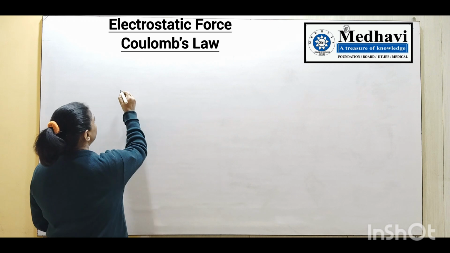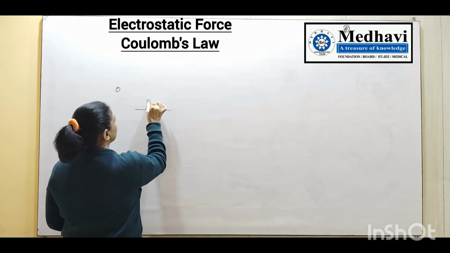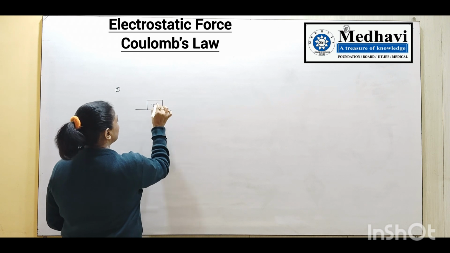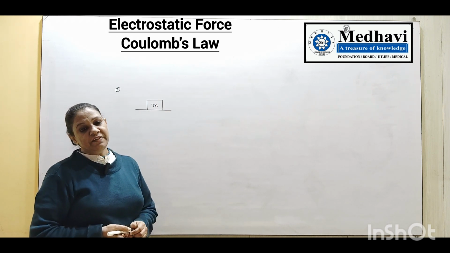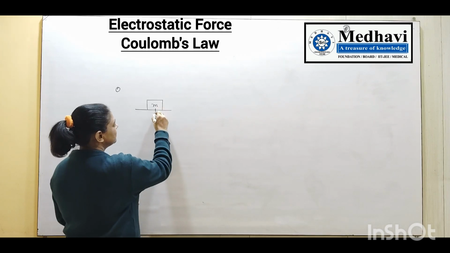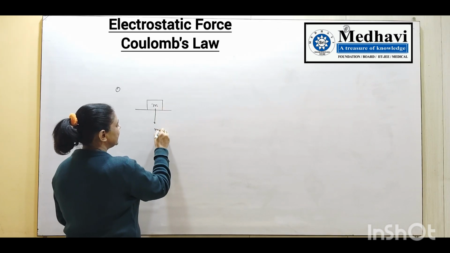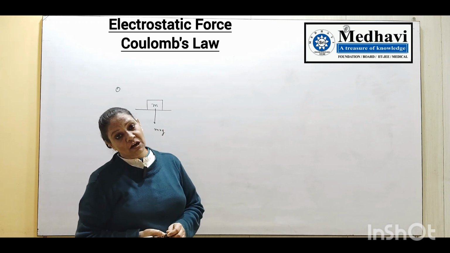For example, if a body is kept on a surface and m is the mass of the body, then force of gravity, that is m into g, will act in a downward direction.